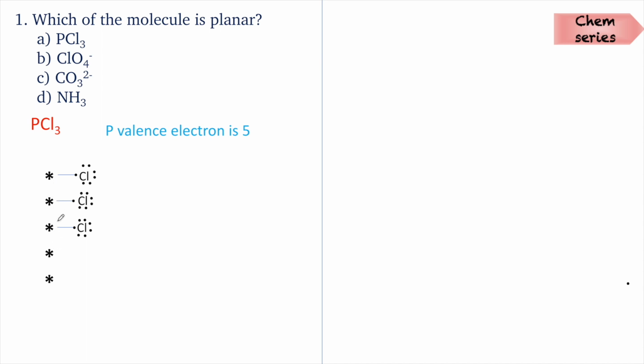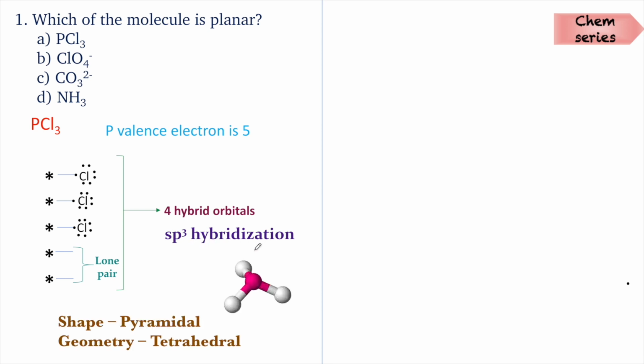So it gives up 3 valence electrons for bond formation with 3 chlorine atoms as single bonds, and 2 valence electrons of phosphorus remain as non-bonded electrons, which is called a lone pair. So there are totally 4 hybrid orbitals, that is sp3 hybridization.